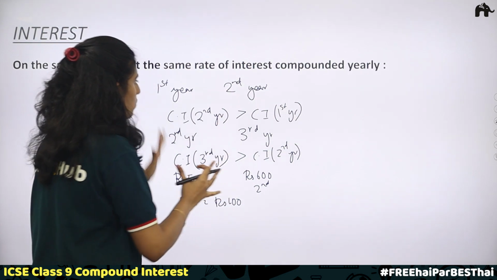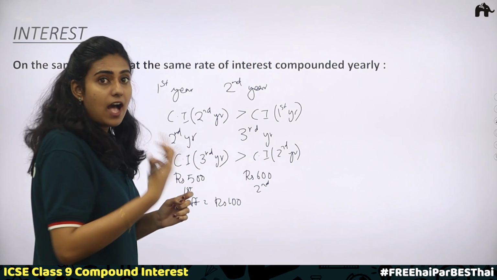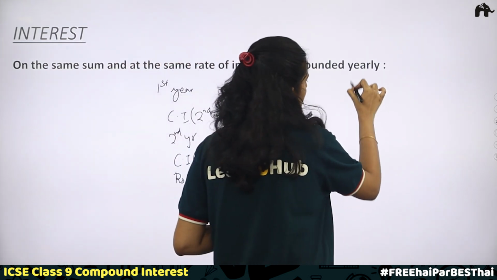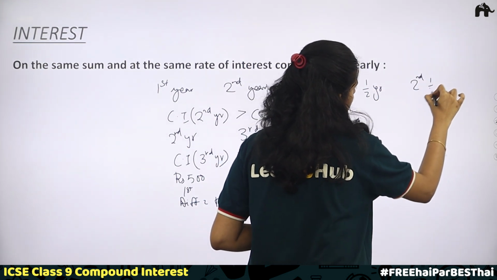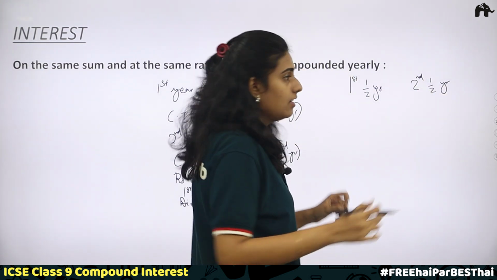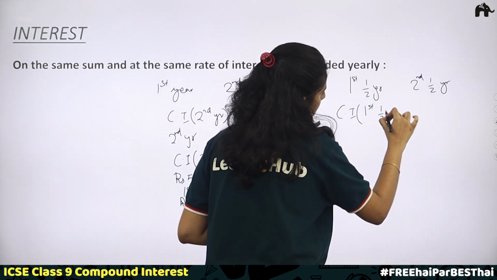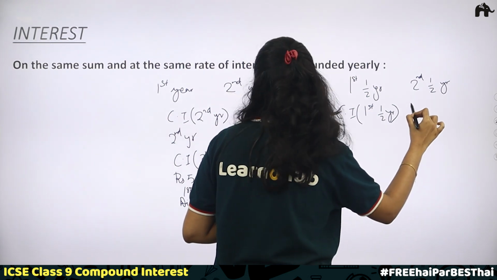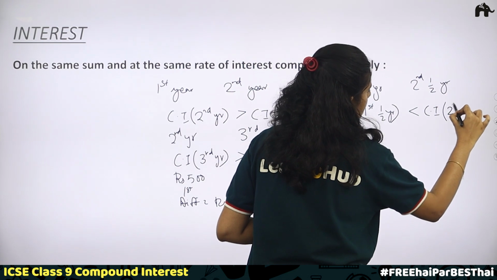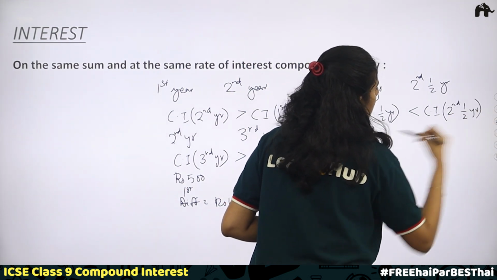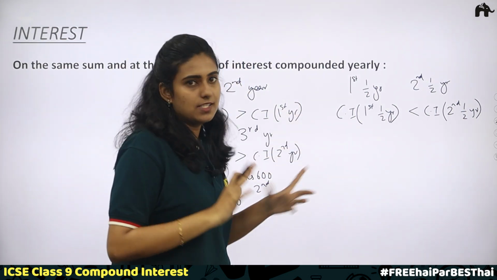So, this is the case when you are considering compounded annually. When the interest is compounded half yearly, in that case how will it be? First half year and second half year, same thing will happen. That is, the compound interest for the first half year will be less than the compound interest for the second half year, or the compound interest for the second half year will be greater than the compound interest of first half year.